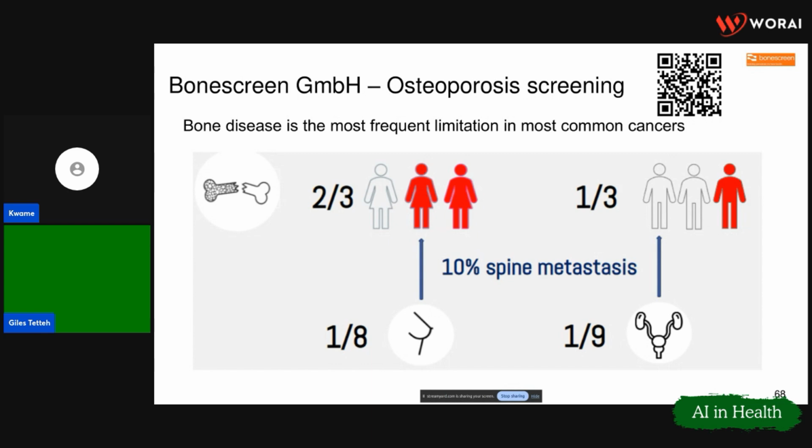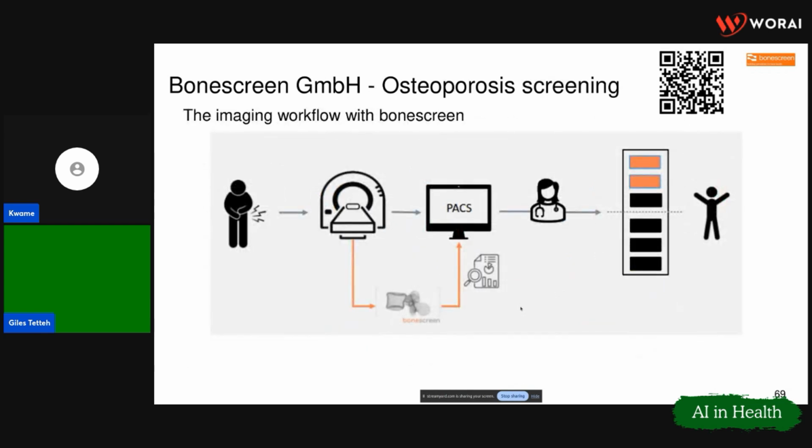So in breast cancer or prostate cancer cases, we now have 2 out of 3 women developing osteoporosis and 1 out of 3 men developing osteoporosis. This is a huge thing which needs to be solved. Now, per our research, we realize that in most cases, people, for example, would have CT scans lying around.